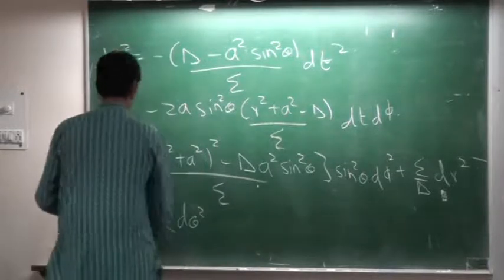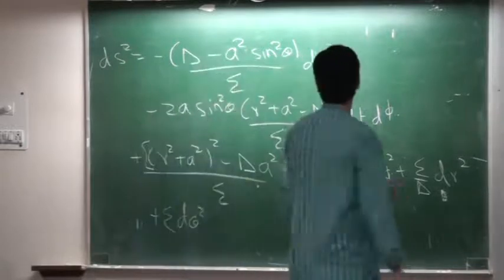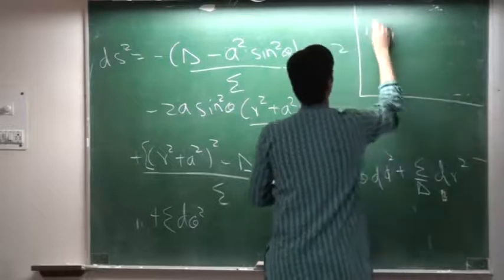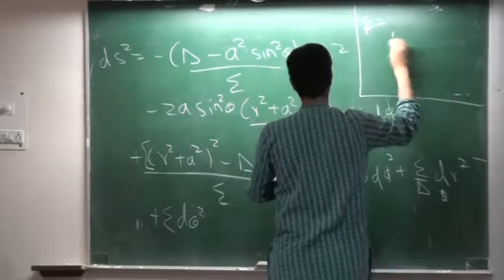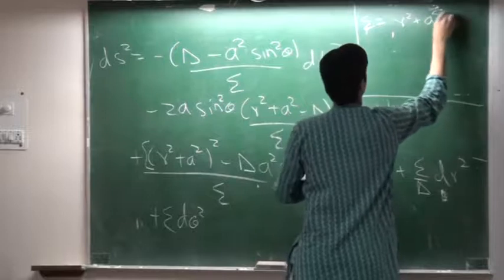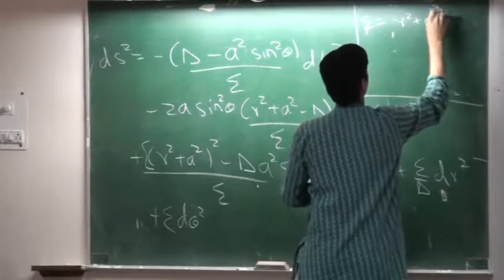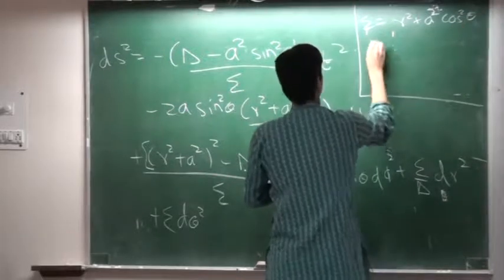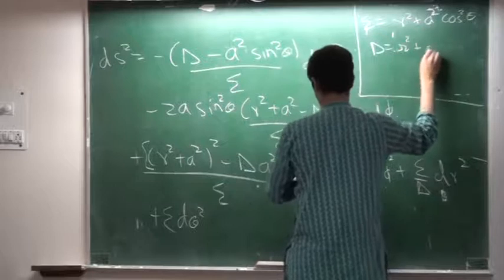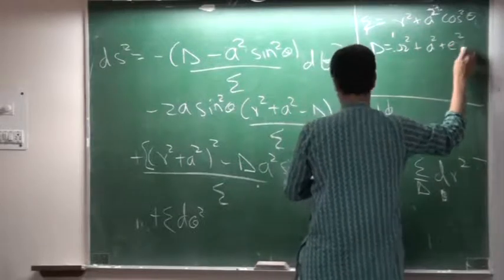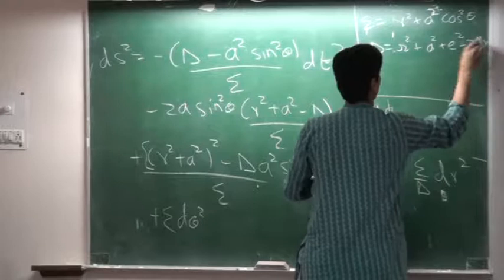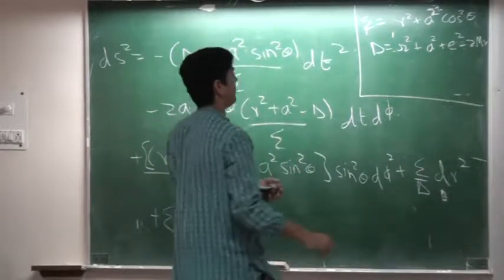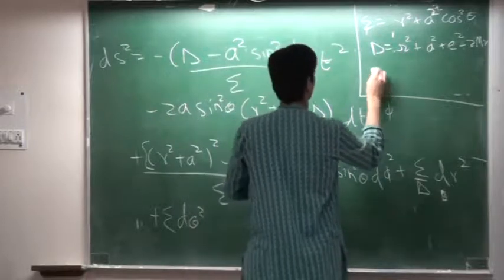and in these solutions, squared. Okay. And these solutions have angular momentum, which is they have mass M, and they have angular momentum, which is Ma.